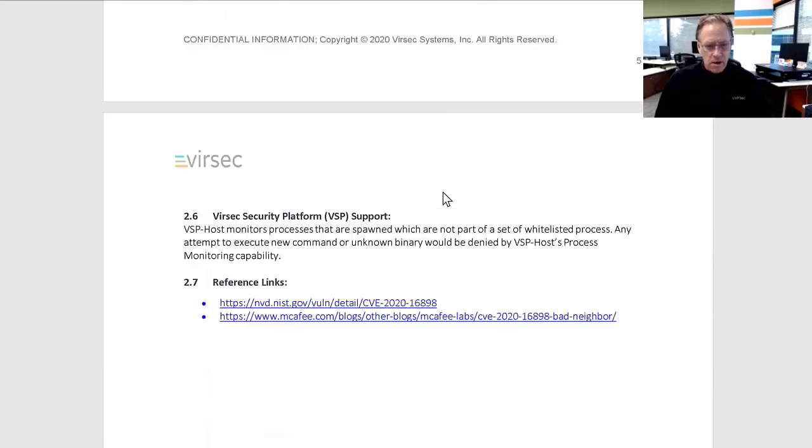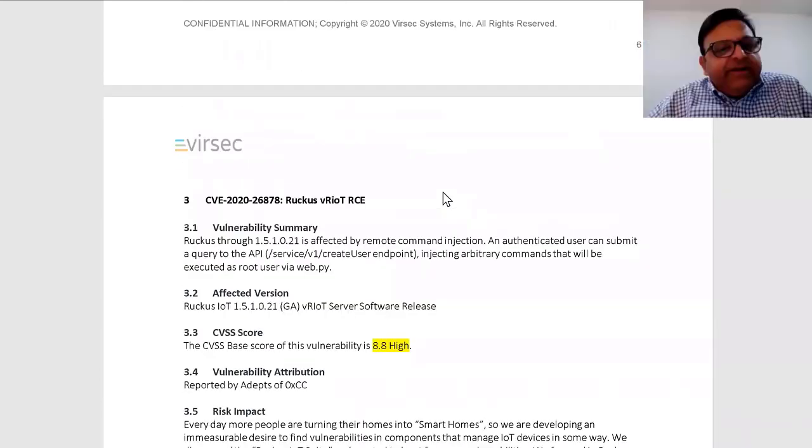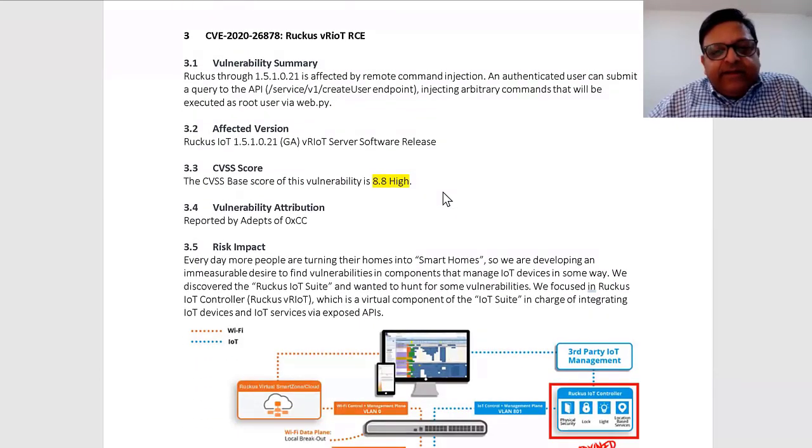Okay, so what's next here? The next vulnerability I've picked is in a product called Ruckus VDI. It's very often used for third-party IoT management software. It has, again, this term RCE that we were just referring to.